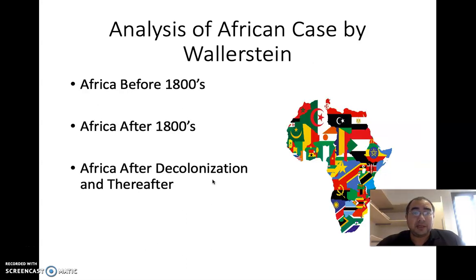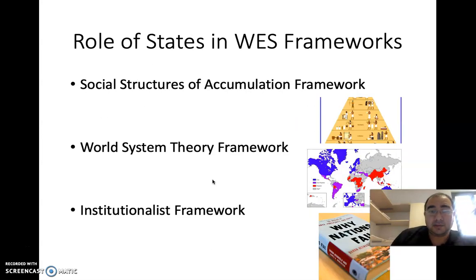Well, another is the World System Framework, which to some extent we have gone through. It claims that the role of states is basically determined by their relative positions in the world economic system.